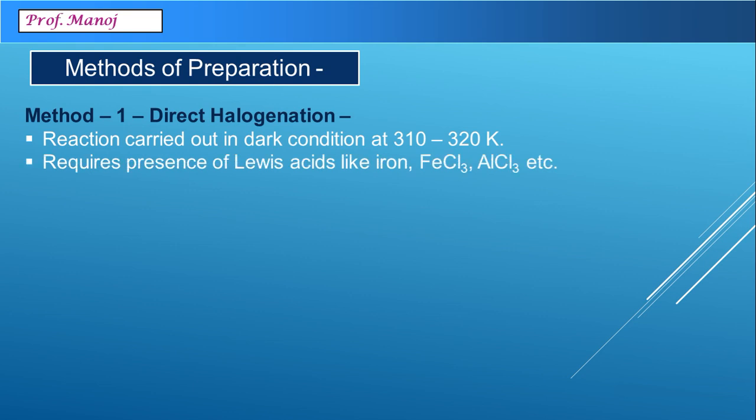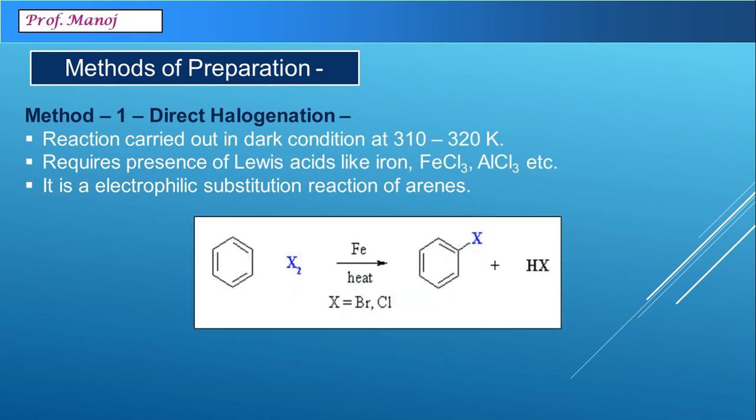This will require a Lewis acid catalyst like plain iron, ferric chloride, aluminium chloride, or ferric bromide, aluminium bromide, etc. Mechanism wise, this reaction is electrophilic substitution of arenes.